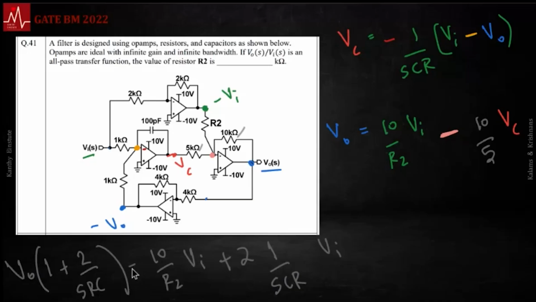And there you go. If you slightly tidy up this equation, I can take the VI common and you got this. I substituted VC here and in the second equation, and these two combined together.